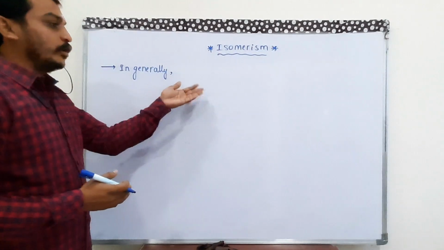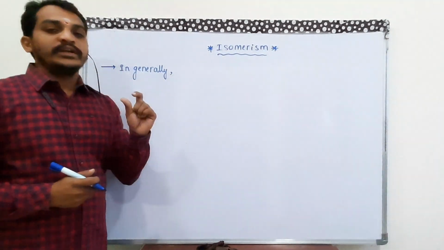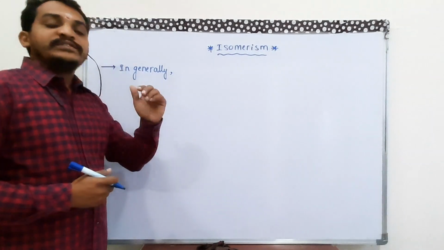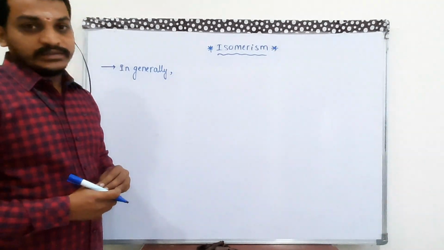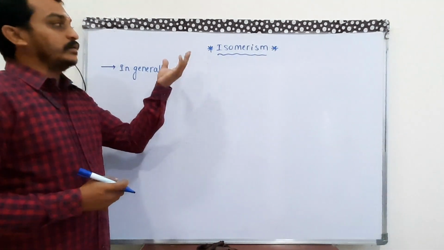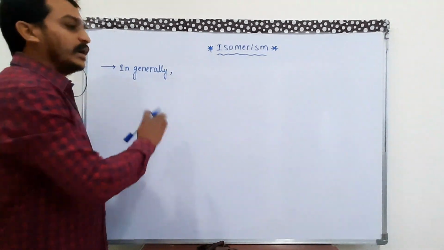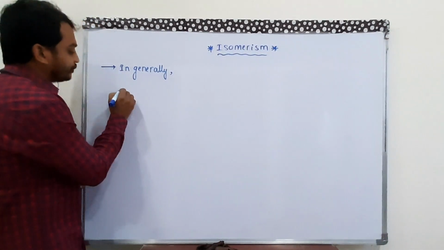The compounds which have the same molecular formula but differ by physical and chemical properties are called isomers. That phenomenon is called isomerism.